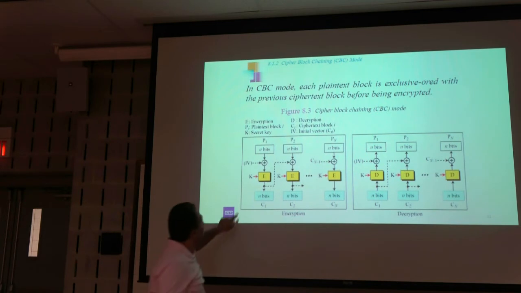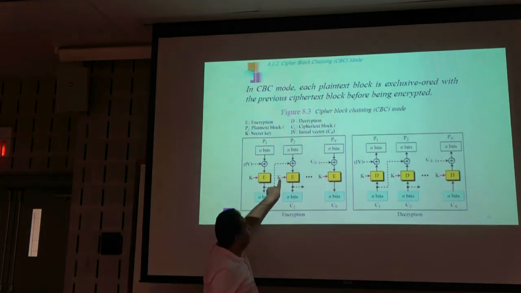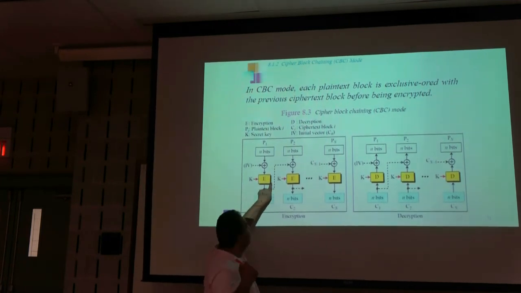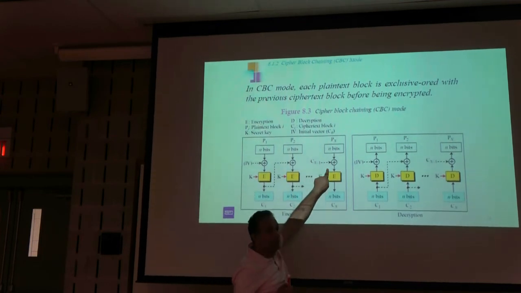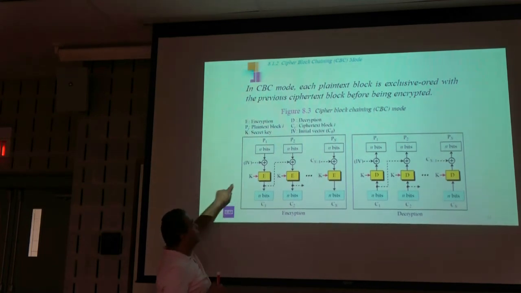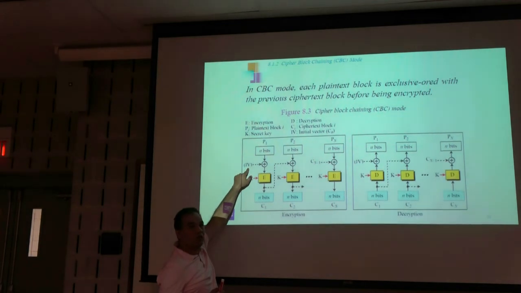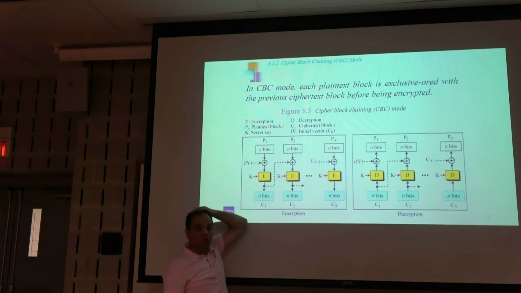Before I do the encryption, with the same key, I have to get the output of the previous stage, XOR it with the input, encrypt, and then I have C2. I keep doing that. Now where is the problem? The problem is with the first one, because I don't have anything. So always I have to share the initial value, or initialization vector.